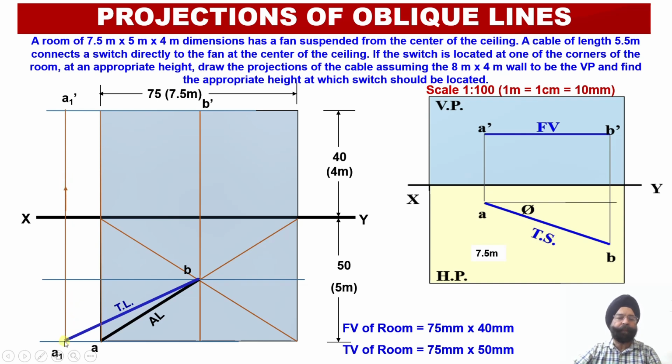So through this particular construction, we have been able to obtain A1 dash B dash front view projection parallel to the horizontal plane.